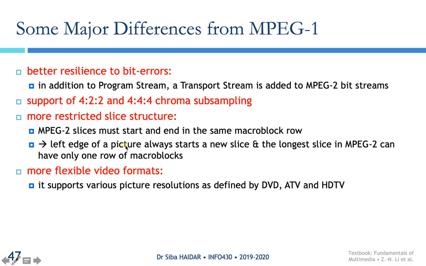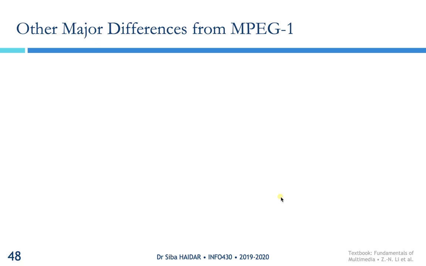The left edge of a picture always starts a new slice, and the longest slice in MPEG-2 can have only one row, with the start and end on that one row. And it is more flexible. It supports the most flexible video formats, various picture resolutions as defined by the DVD, ATV and HDTV.